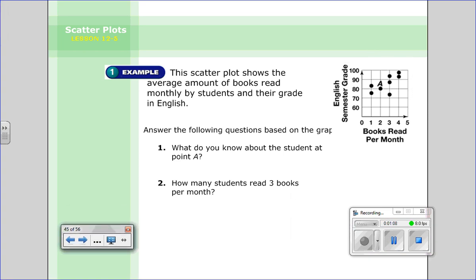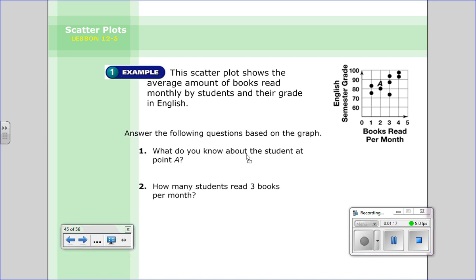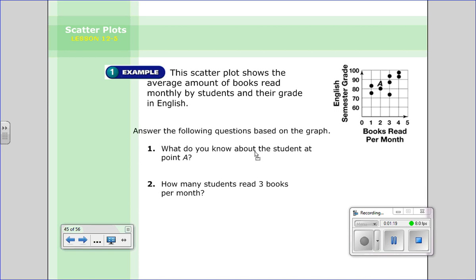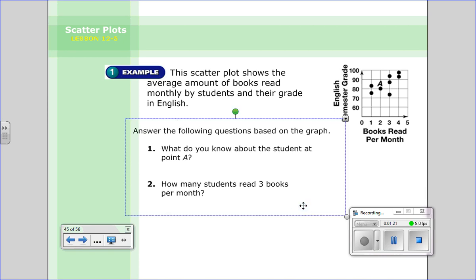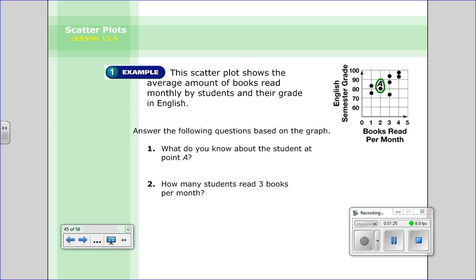So here, this scatter plot shows the average number of books read monthly by students in their grade in English. We need to answer the following questions based off this graph. Number 1 says, what do you know about the student at point A? If we find point A here, you look at the ordered pair or where it lines up. So it lines up to here, to here.